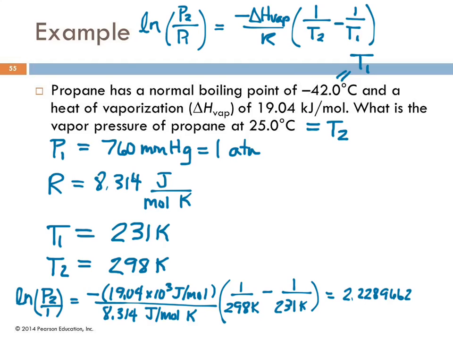I would really advise against rounding that. And then you need to take the anti-natural log of that, which is e to the x. So it'll be e to the 2.22 and so on. And I get 9.29.